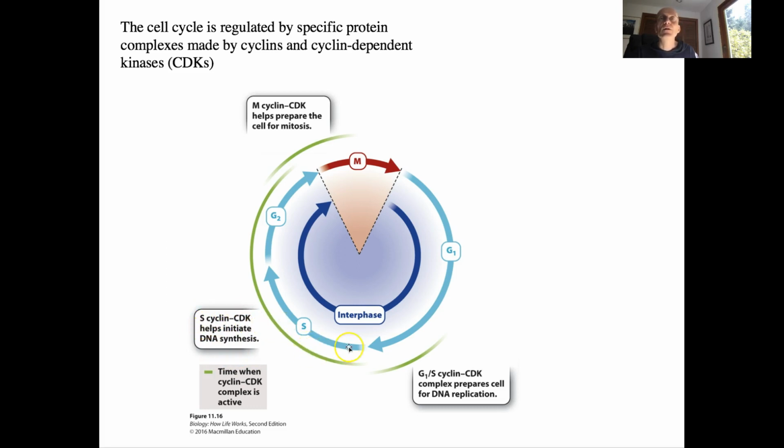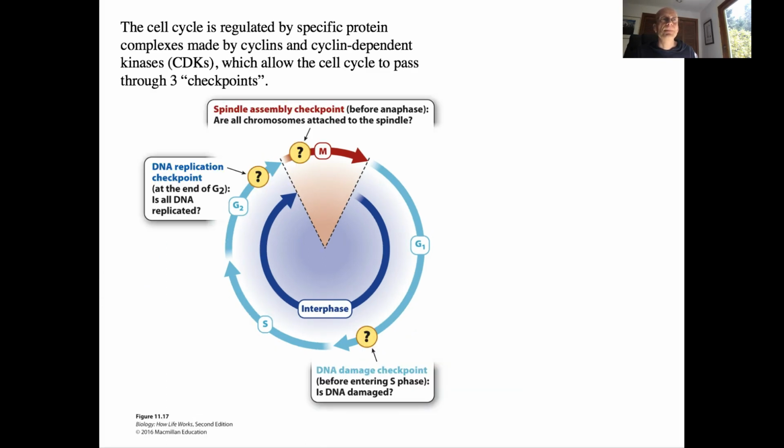So now it's ready to move into synthesis, and now the synthesis happens. And then we have the M cyclin-CDK, which helps to prepare the cell for moving out of G2 and going into mitosis. So each of these transitions is characterized by what's called a checkpoint.